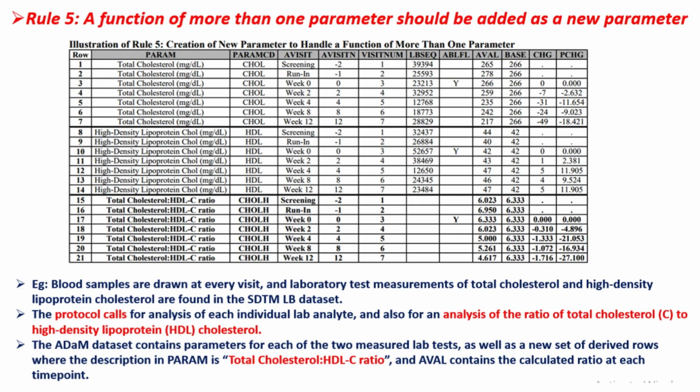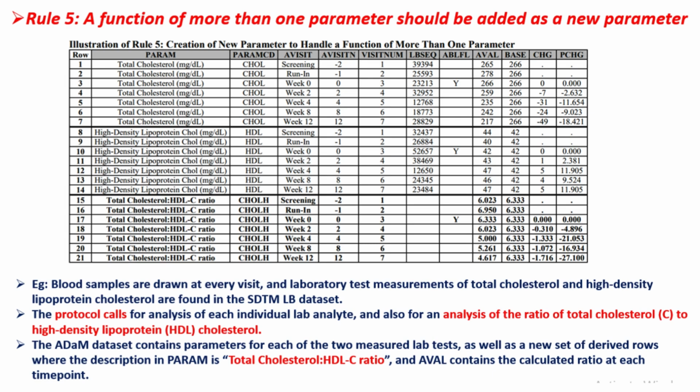Rule 5: A function of more than one parameter should be added as a new parameter. Example: blood samples are drawn at every visit, and laboratory test measurements of total cholesterol and high-density lipoprotein cholesterol are found in the SDTM lab dataset. The protocol calls for analysis of each individual lab analyte, and also for an analysis of the ratio of total cholesterol, C, to high-density lipoprotein, HDL, cholesterol.